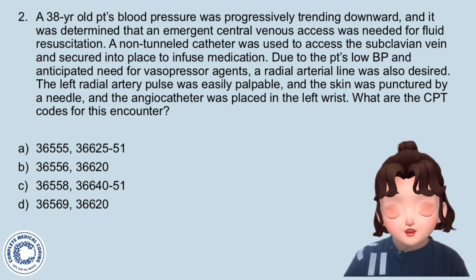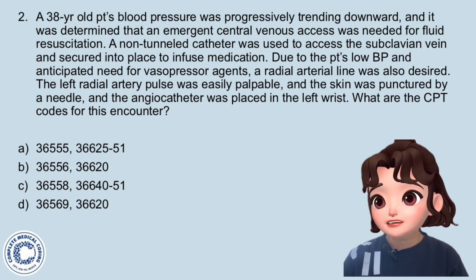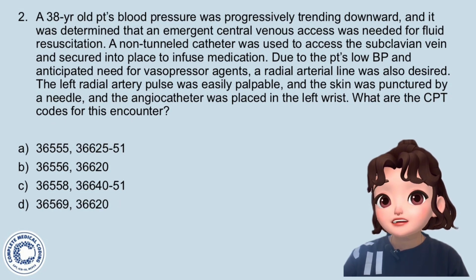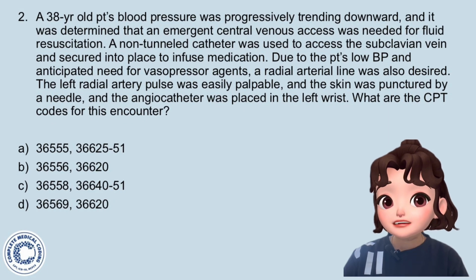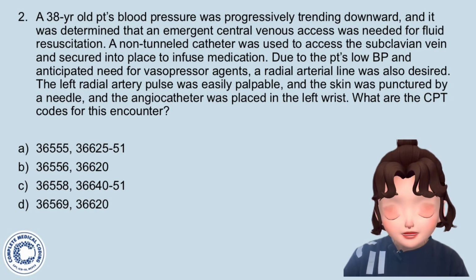Arterial catheterization or cannulation for sampling, monitoring or transfusion, percutaneous. Yes. Due to the patient's low BP and anticipated need for vasopressor agents, a radial arterial line was also desired.